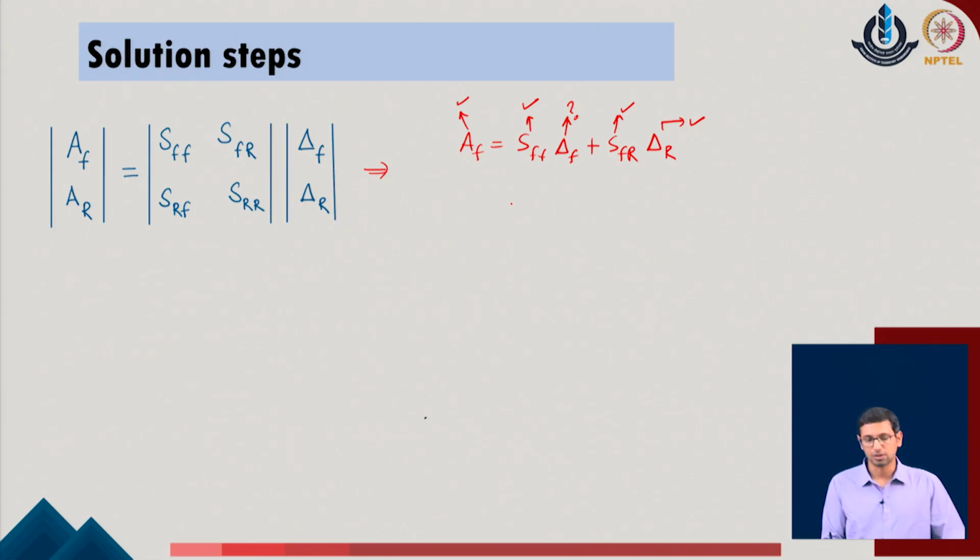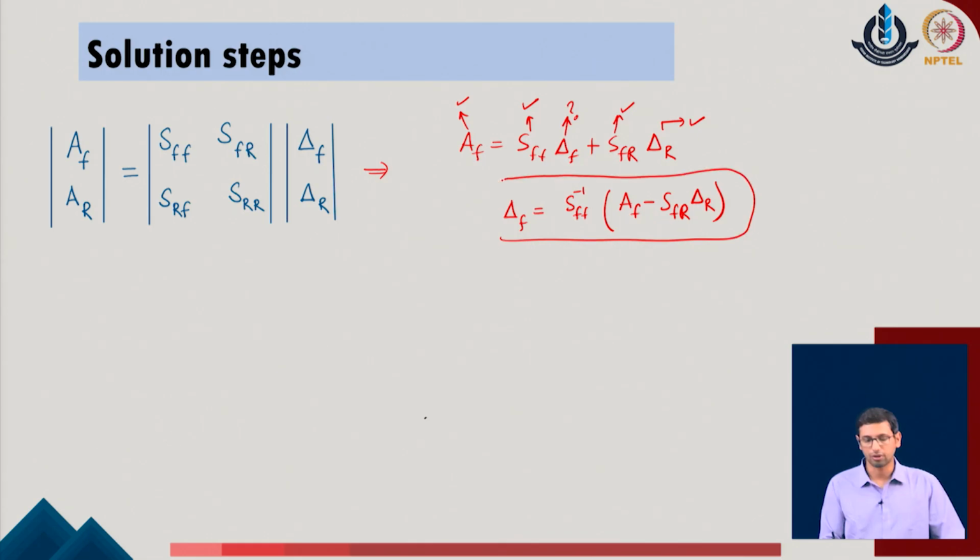So, I can now do a simplistic rearrangement and get the value of delta F as S of FF inverse times A of F minus S of FR delta R. So, using this idea, now I am able to calculate the individual degrees of freedom which are free to take place in the given system.